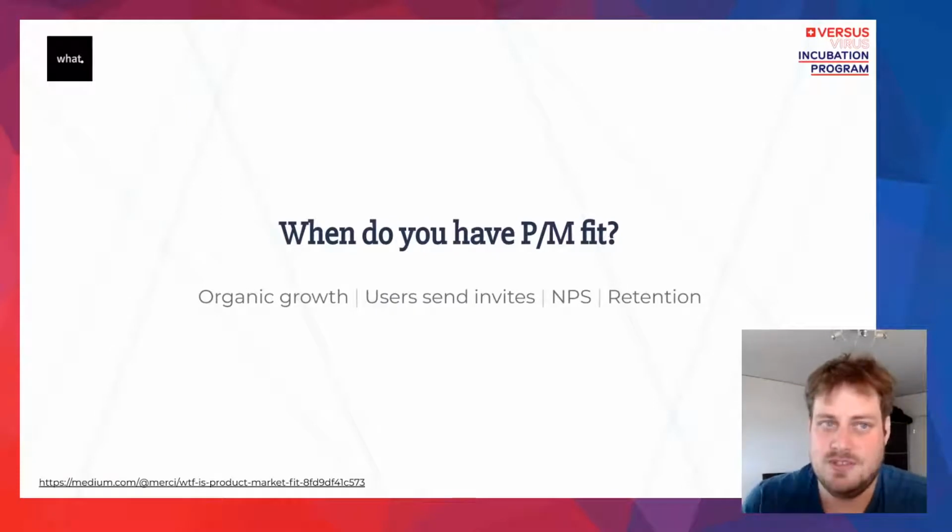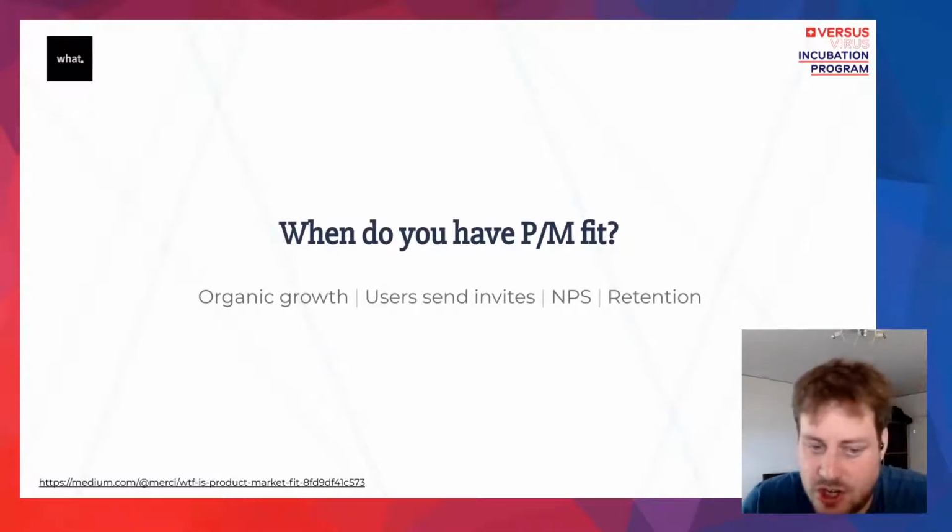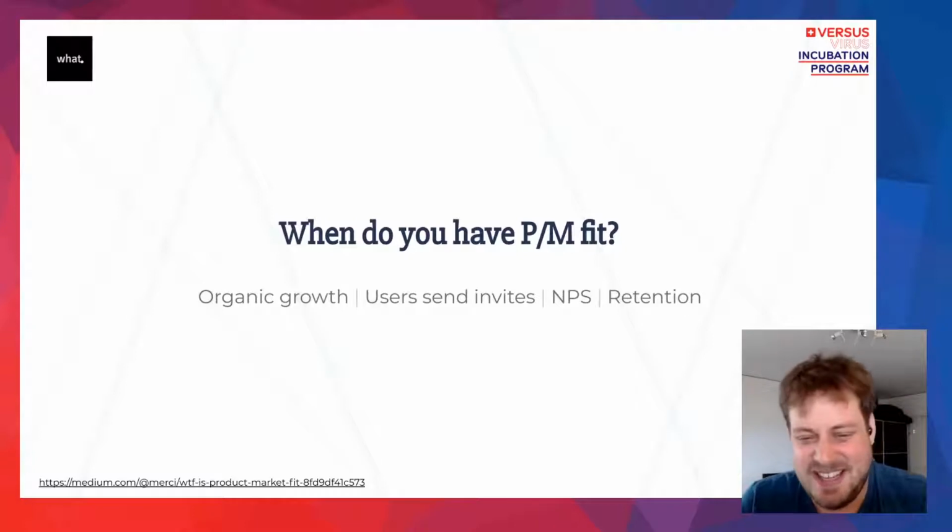You're adjusting processes, might change the target to whom you sell. And you judge if you have product market fit on a few dimensions. And it's not a science and it's not exact, but there are indicators that help you find out.